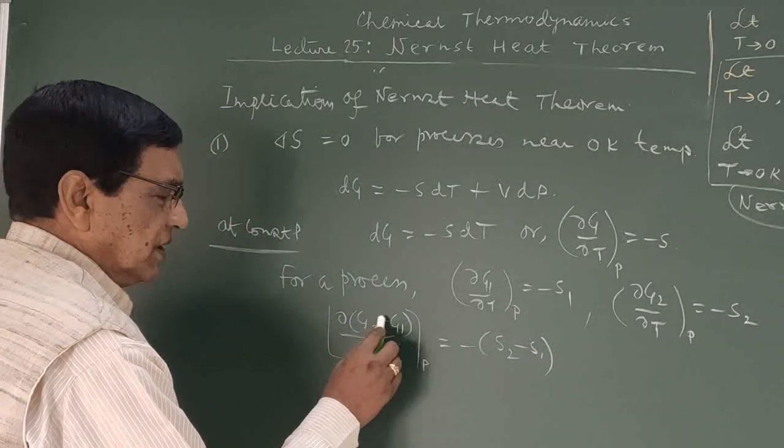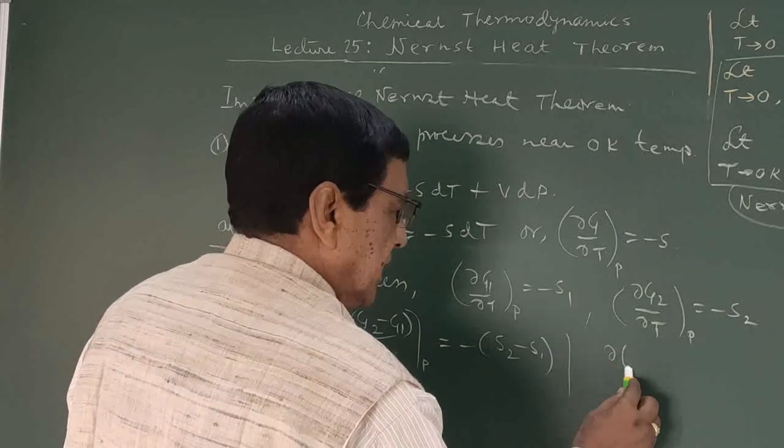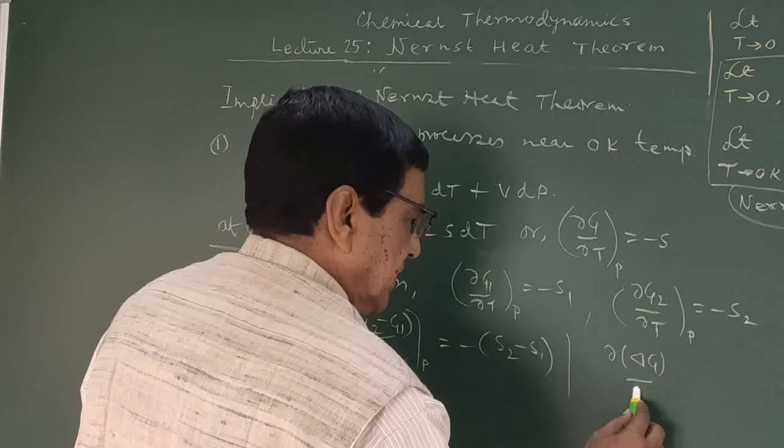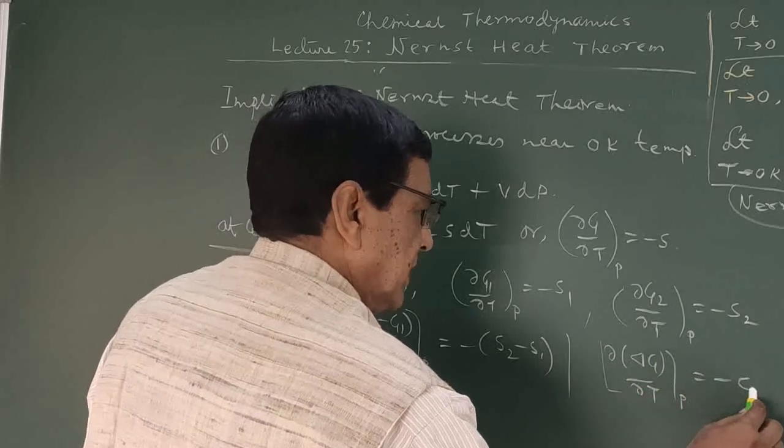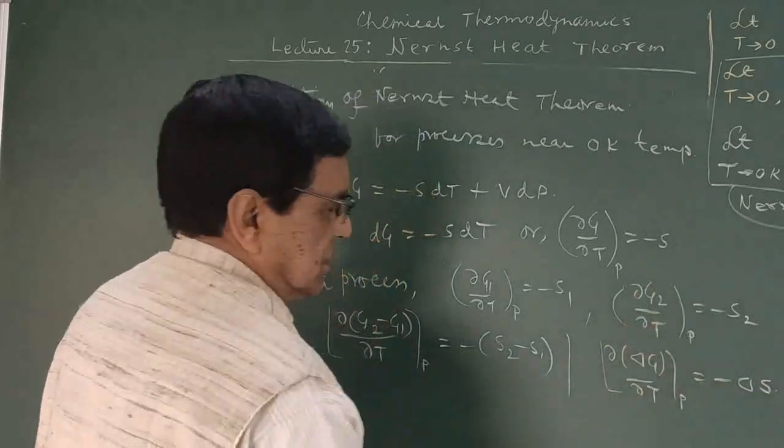We can write this as del delta G by del T at constant pressure equal to minus delta S.